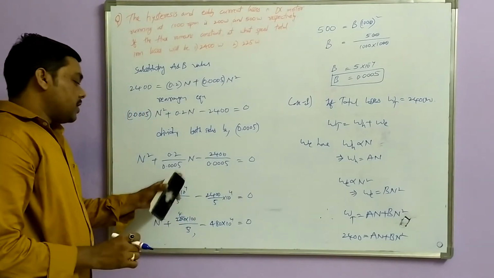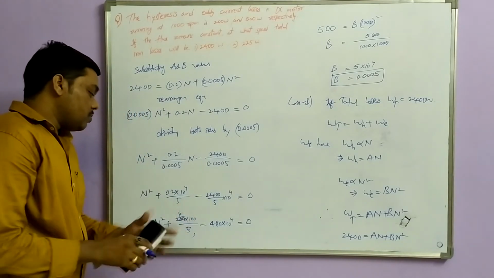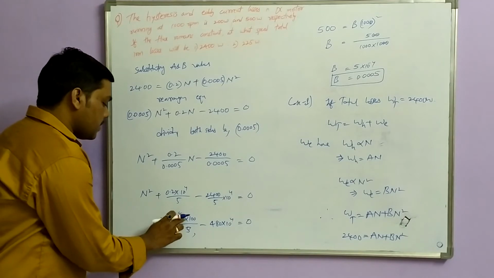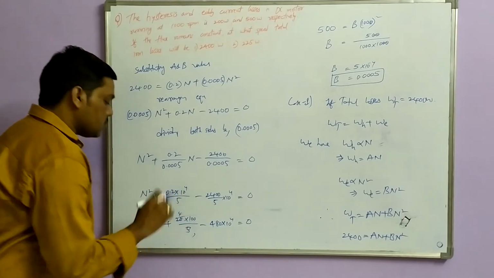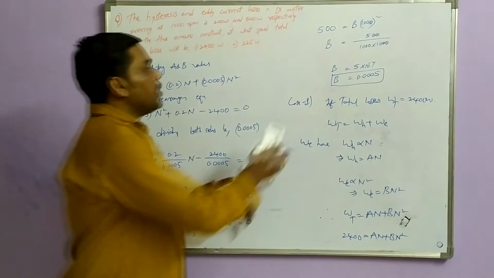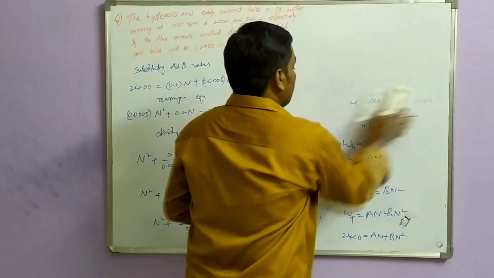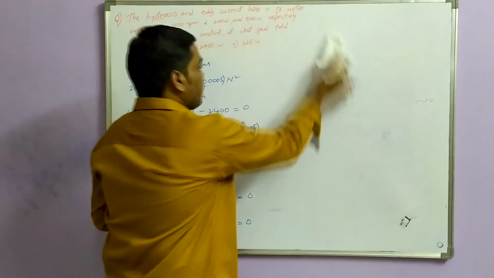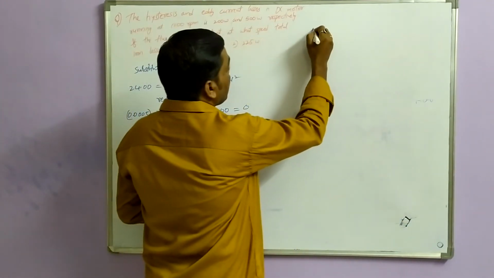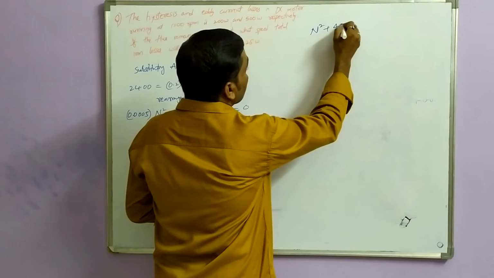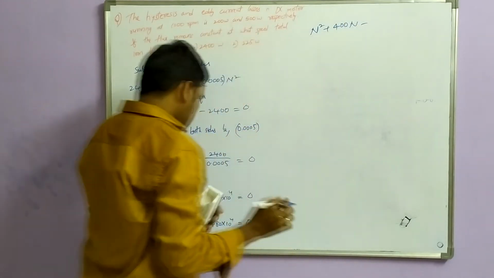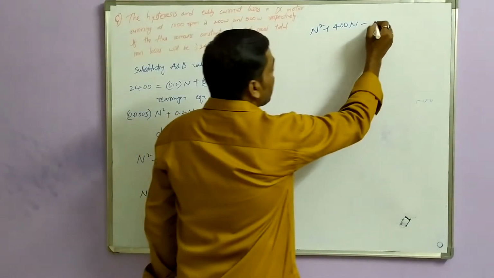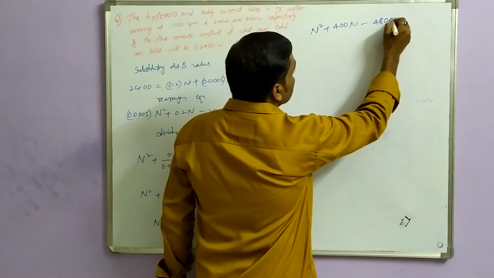The 10 power 4 term, if you multiply with this, you will get 20. So this equation is going to be N square plus 400 into N minus 4800.